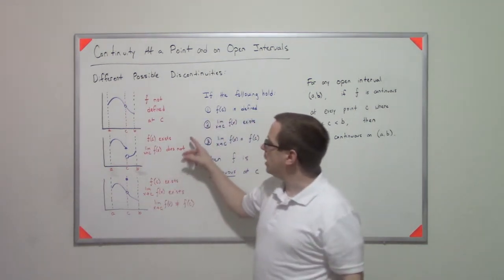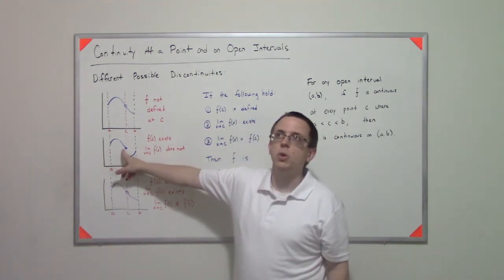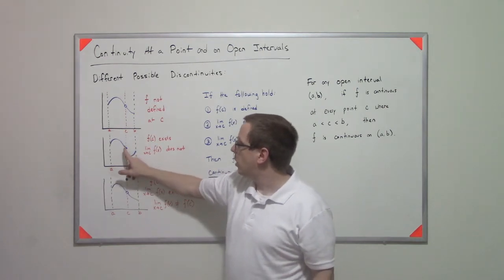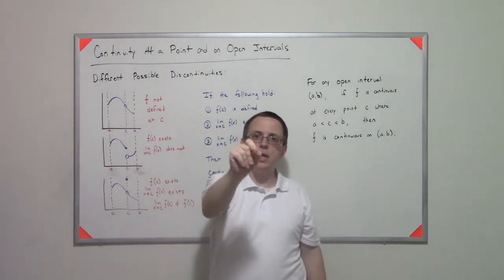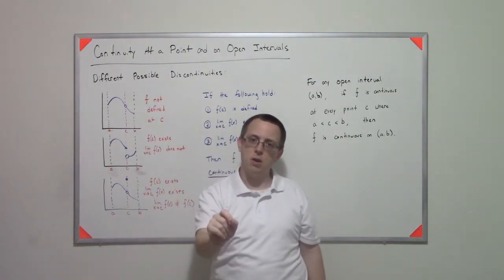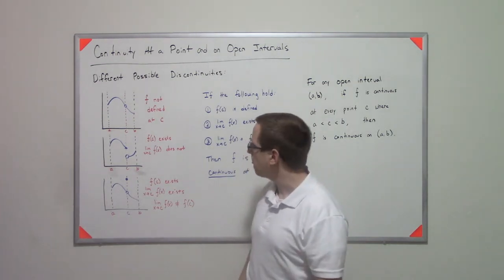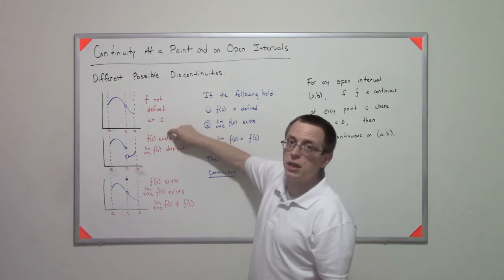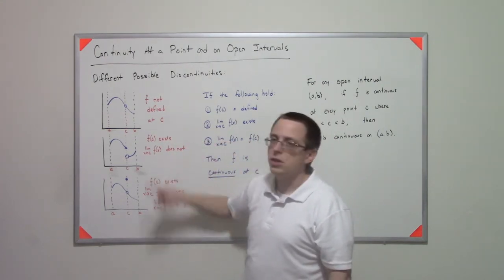The second one is, let's take into account a case where the function does exist at that point, but it also seems to make a jump. So you would draw it and you'd hit a point, but then you'd have to take your pencil off the paper and draw it again. So in this particular case, f of c is defined and it exists, but the limit does not exist, right?